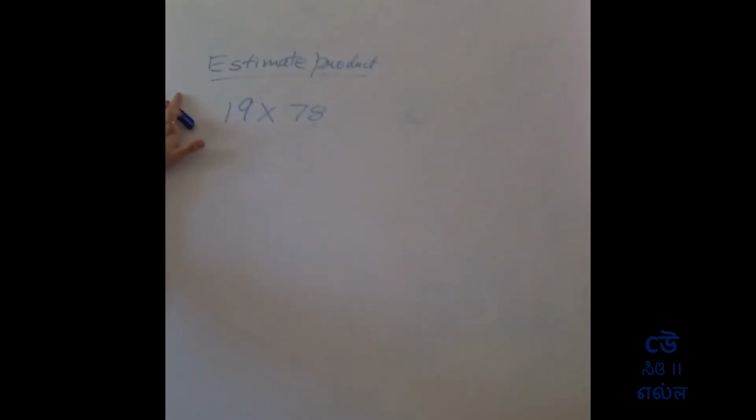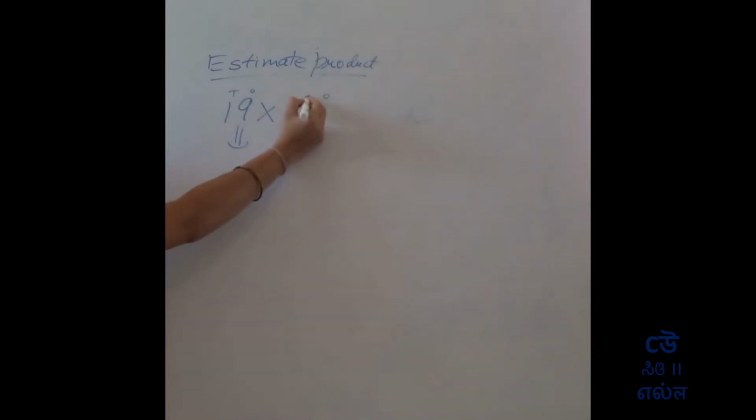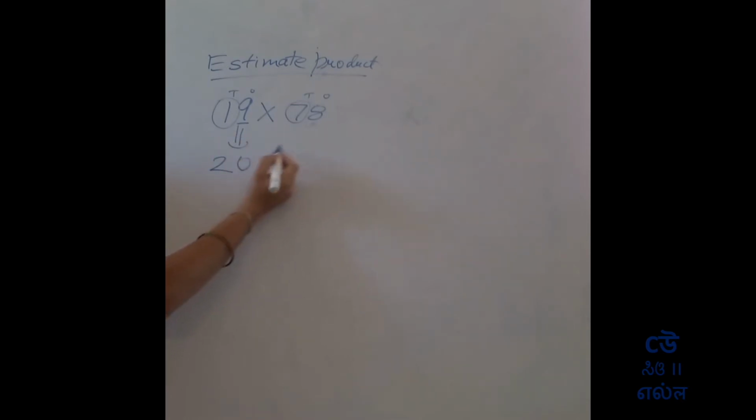Okay, first what will you do? First you will round off these numbers to the nearest tens value, because in both we have tens place. So rounding off to tens place, we have 9. 9 is greater than 5, so we'll increase this number. So 20. Here it will be 8. 8 is greater than 5, so we'll increase this number.